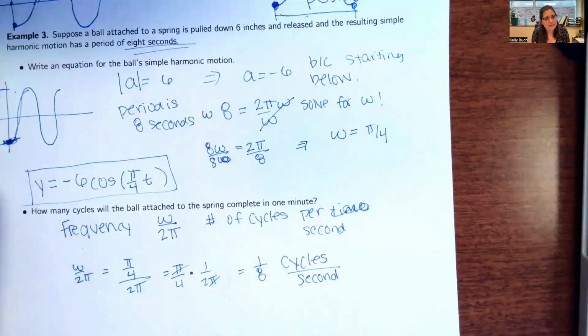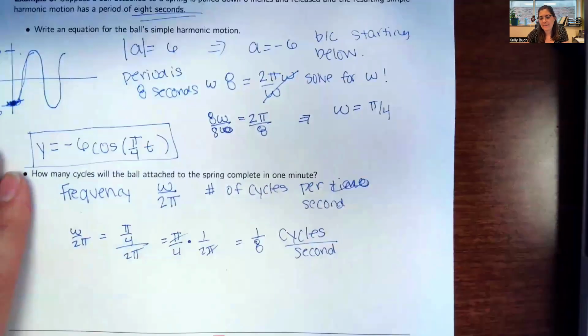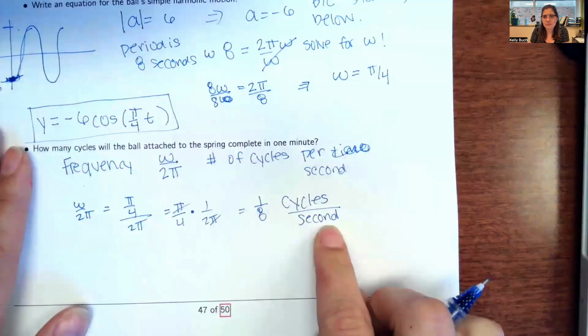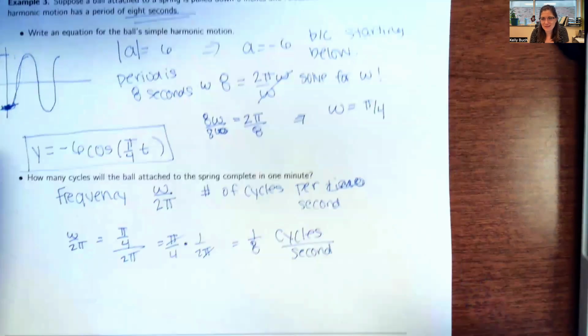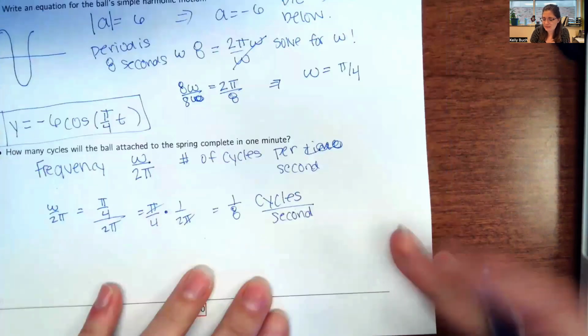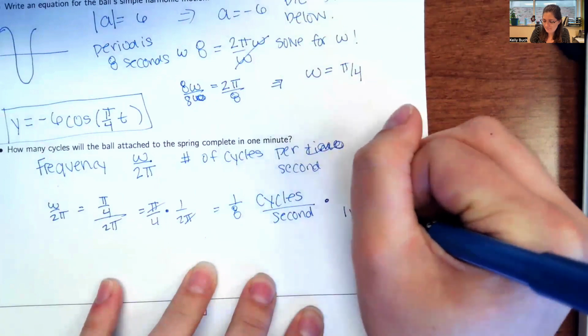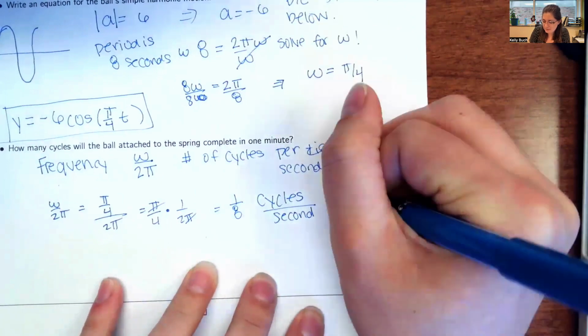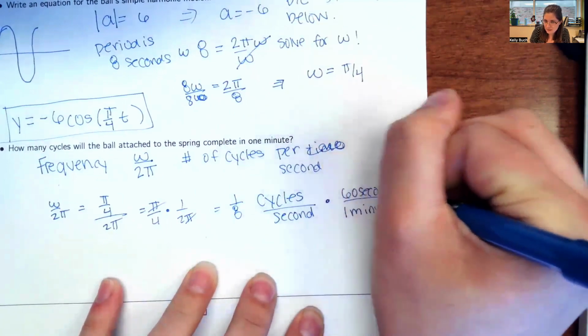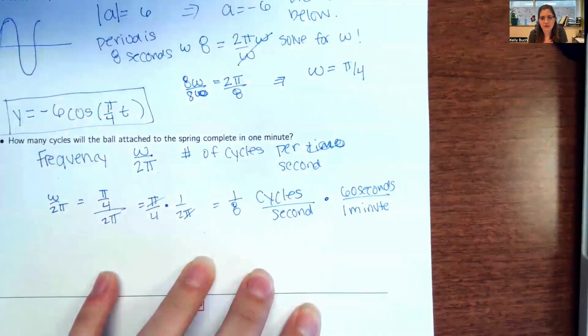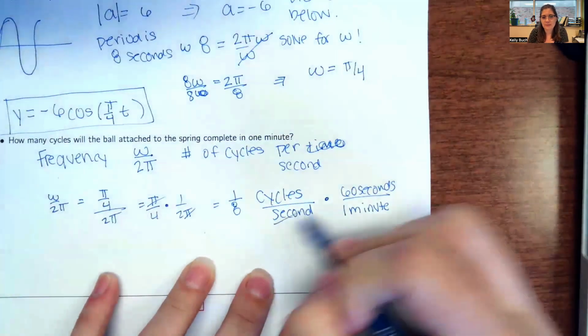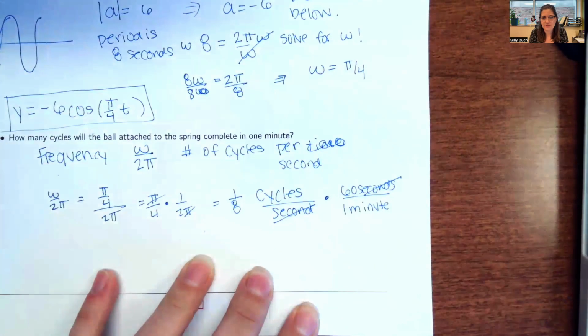But that's not quite what I'm asking for. I want to know how many cycles happen in a minute. So I'm going to have to do some conversions. And maybe you've done something like this in chemistry before, where I might say, hey, in 1 minute, there are 60 seconds. And this is a way to change our units. So I'm going to be able to cancel out those units of seconds.